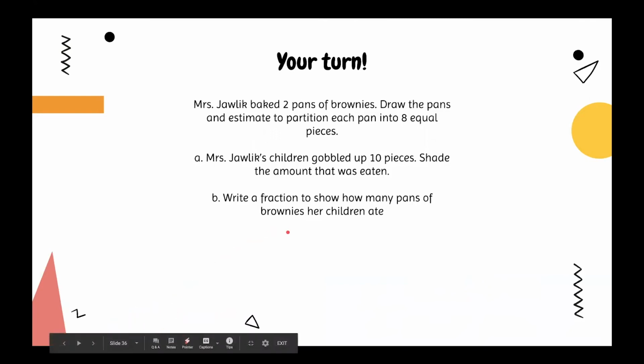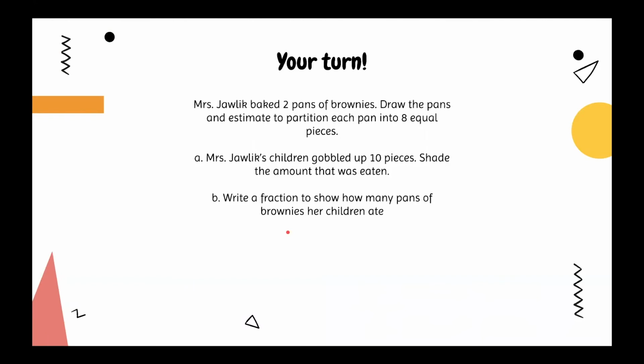I am going to give you a few minutes to do this, and we'll check in and do the work just to check it and make sure you got it correct. All right, go ahead.